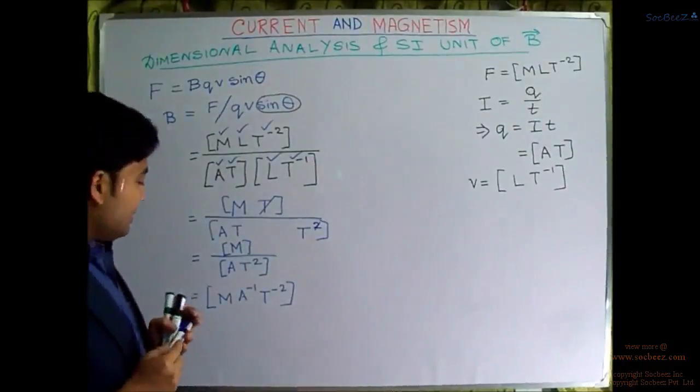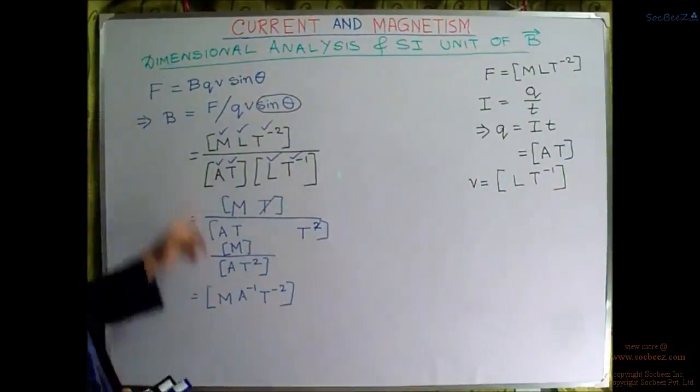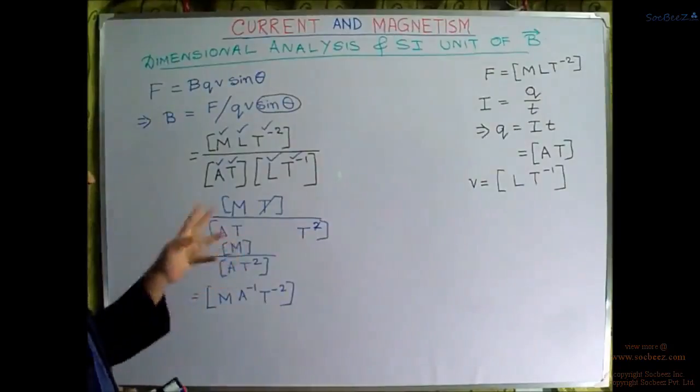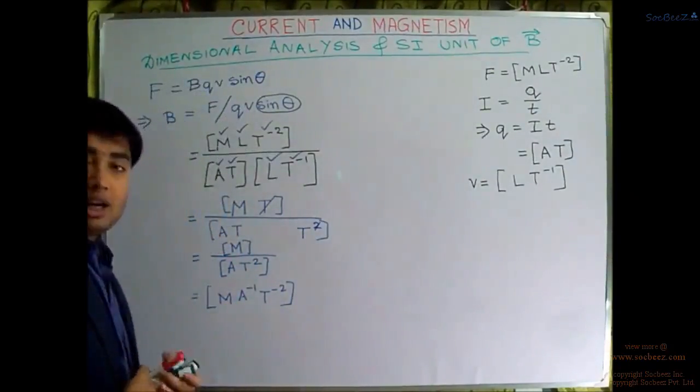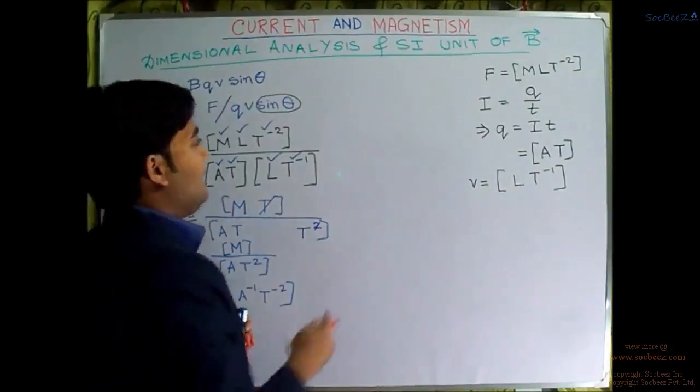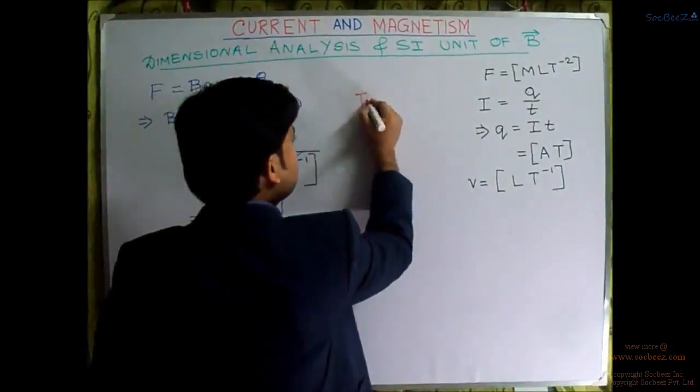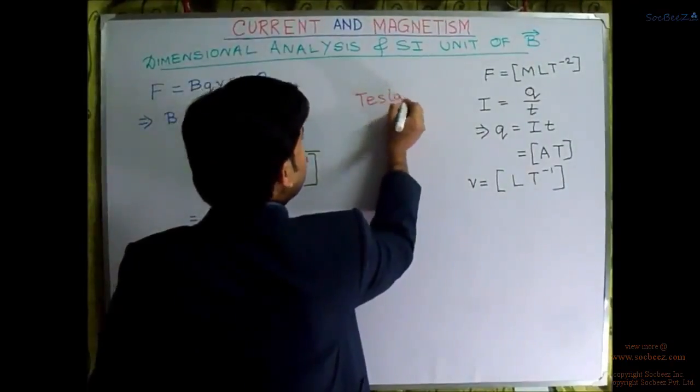So this is the dimensional formula of B, and as per this dimensional analysis, the SI unit of B is Tesla.